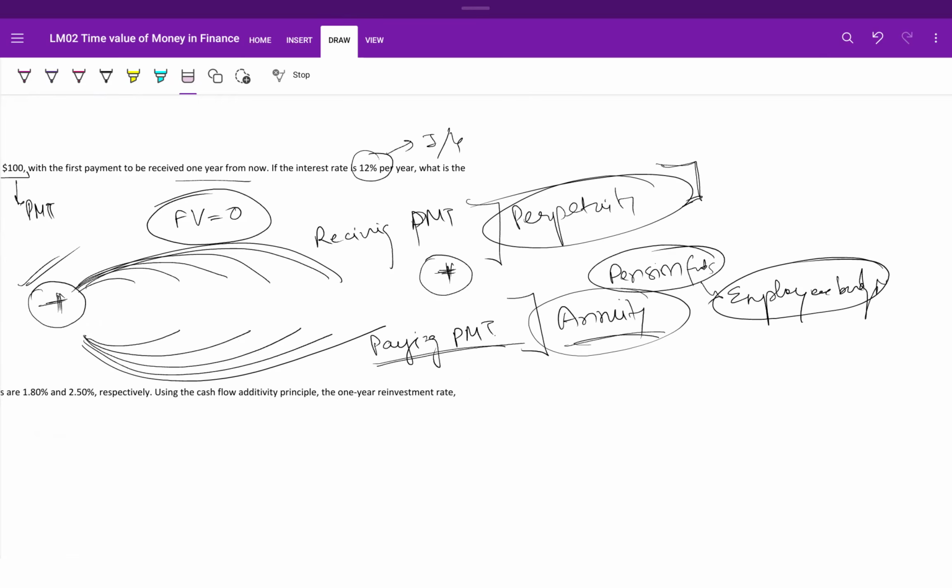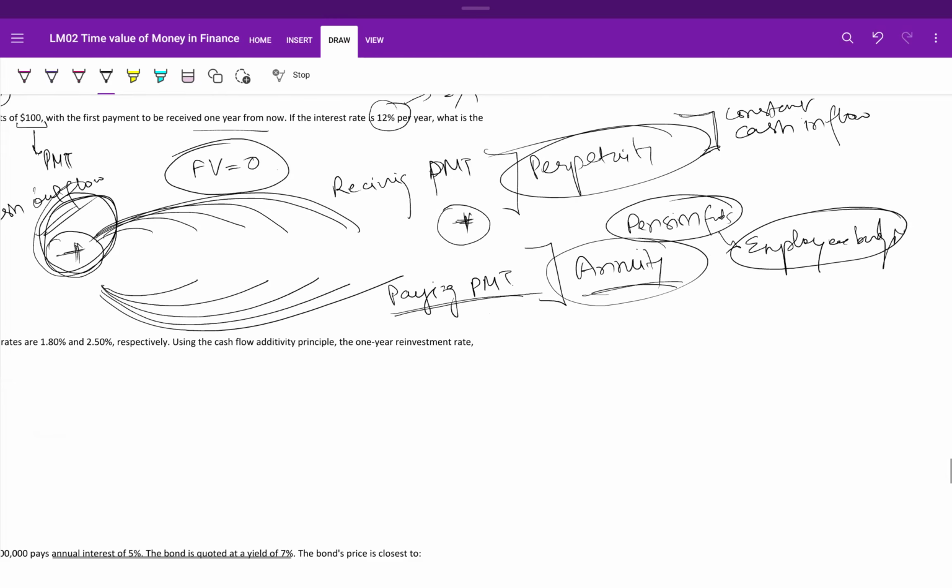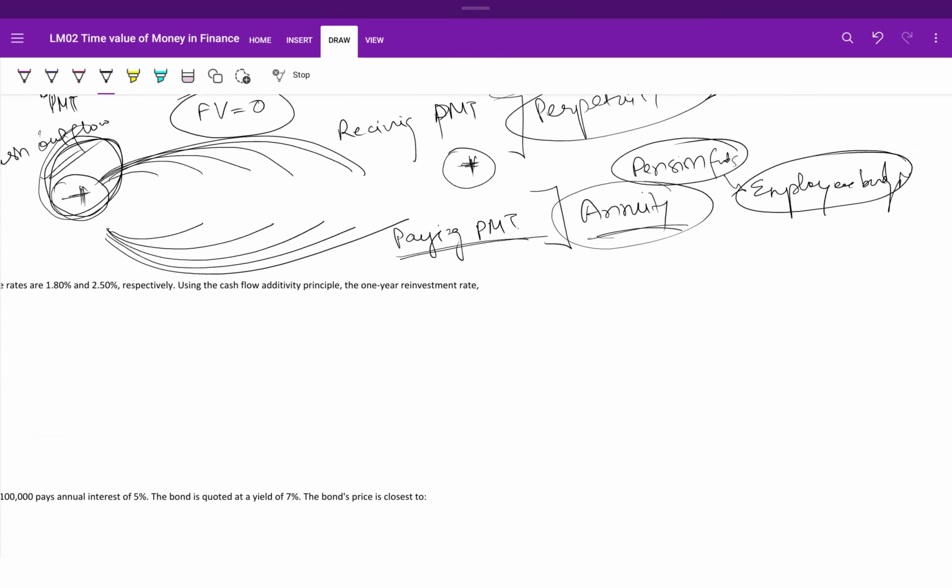Perpetuity is constant cash inflow, but there is a cash outflow at the starting of the period. This is a cash outflow. And in annuity, you are paying throughout the tenure.